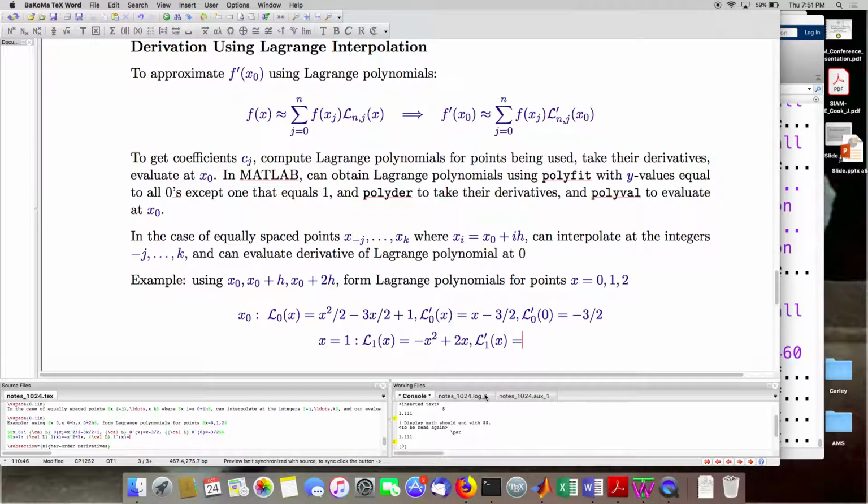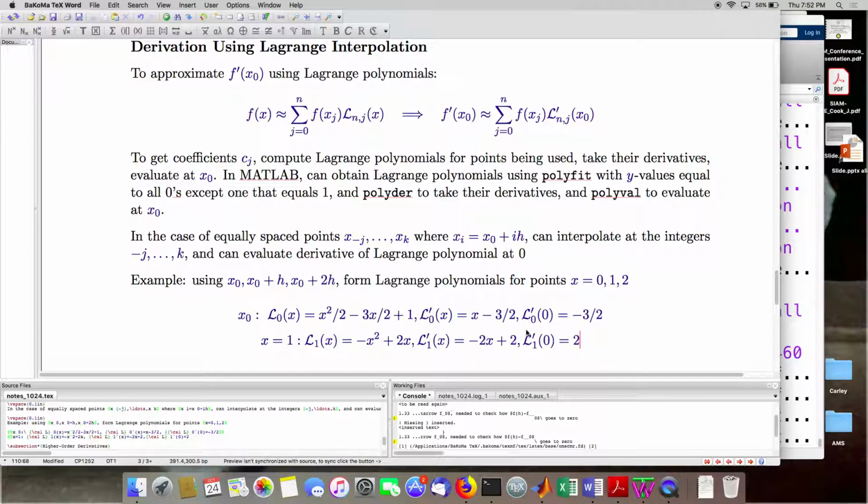Its derivative is going to be minus 2x plus 2. I plug x equals 0 into the derivative, and I get 2. In the example before, I had 4 over 2h, so 2 over h.